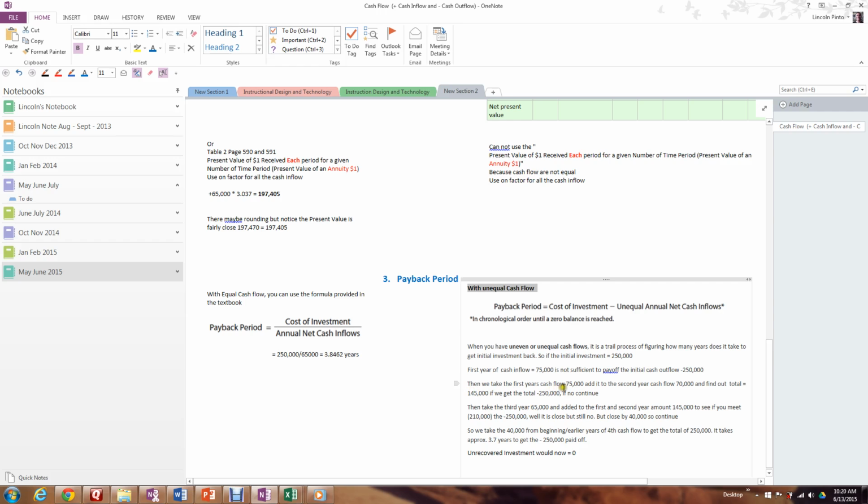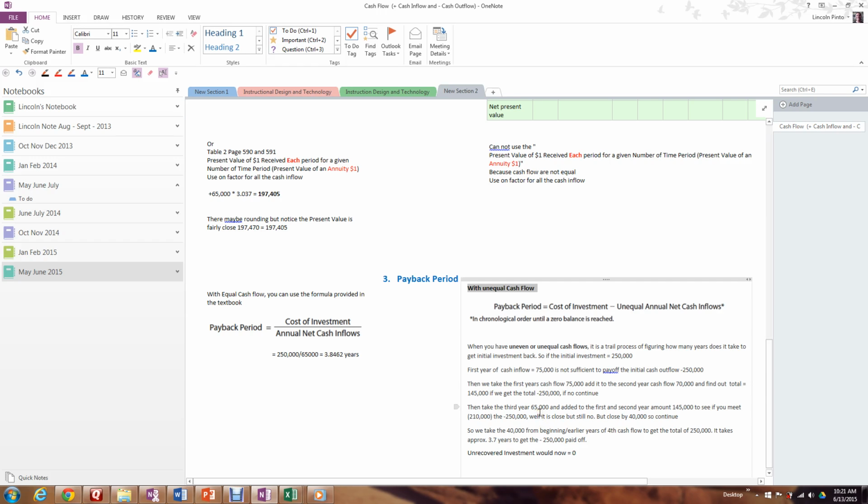We take the initial $75,000, add it to the second year's cash flow, which is $70,000, and find that the total is $145,000. Does it cover the initial amount of cash outflow? Well, no, it's less than the cash outflow.